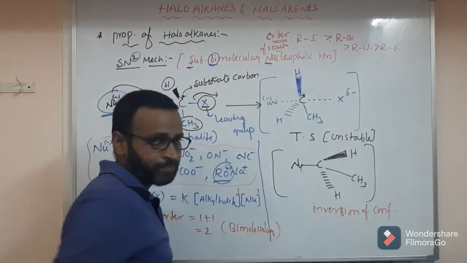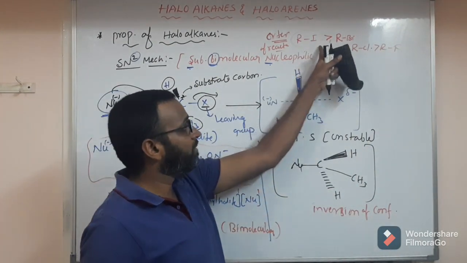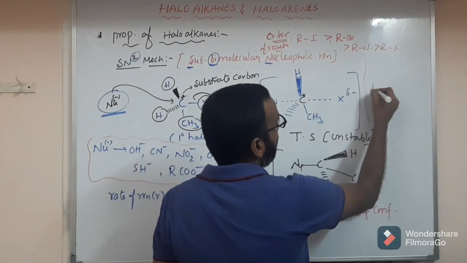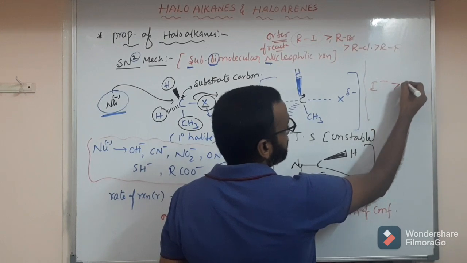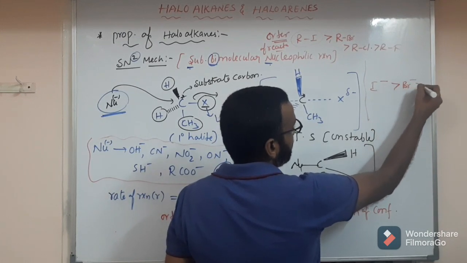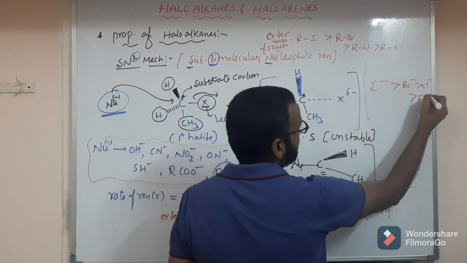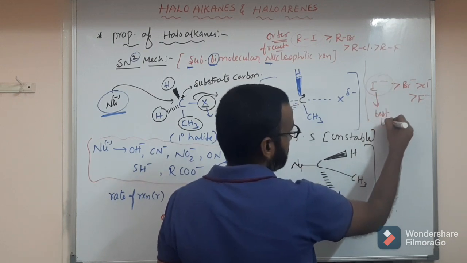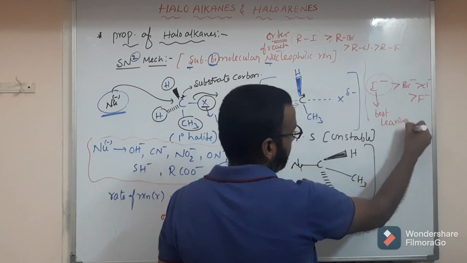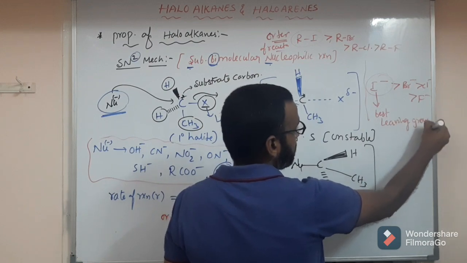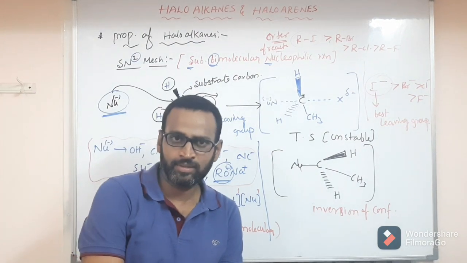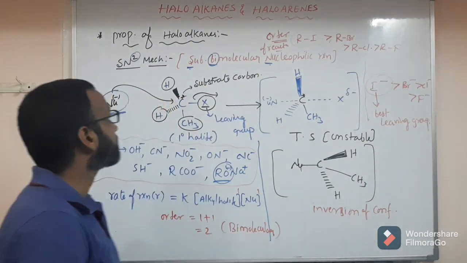RI is the most reactive because I minus is the best leaving group. Which is the best leaving group? The order of leaving group: I minus is greater than Br minus, greater than Cl minus, greater than F minus. Who is the best leaving group? I minus. Hope you understood all these things.